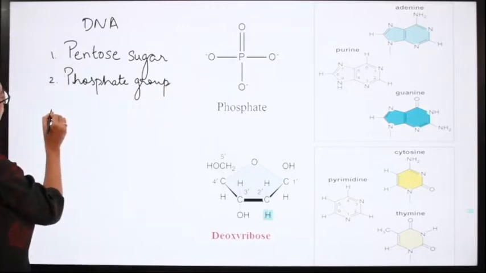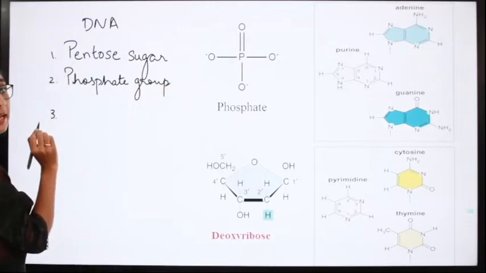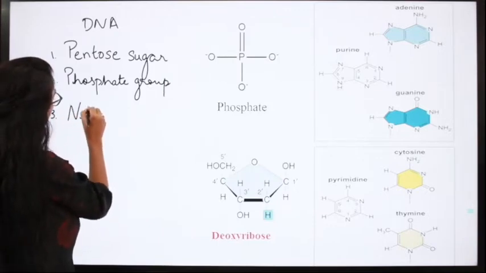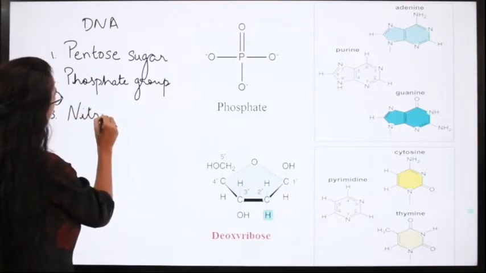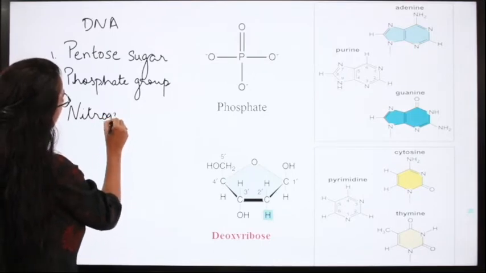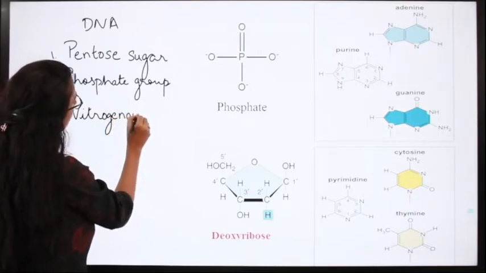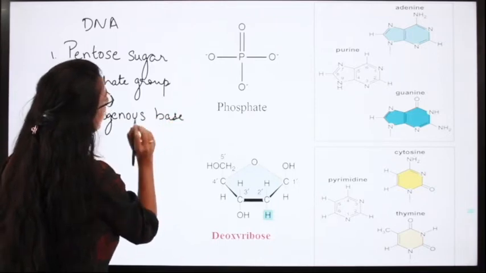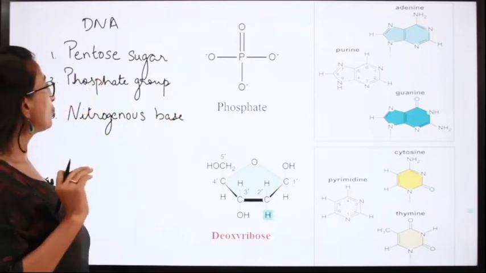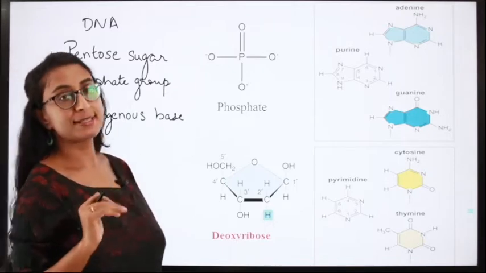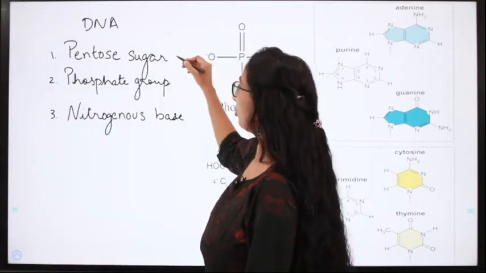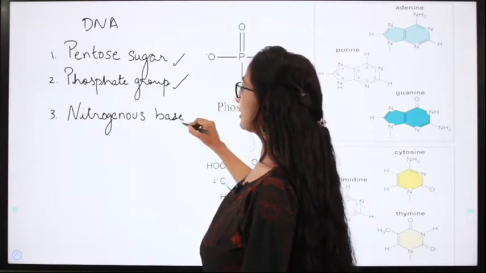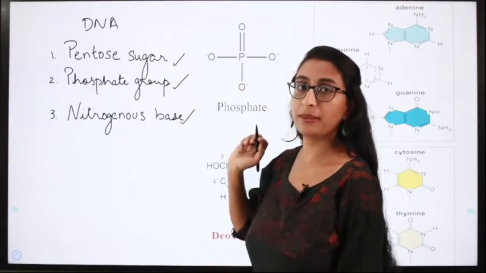And the third one is the nitrogenous base. DNA is composed of 3 components: the pentose sugar, the phosphate group, and the nitrogenous base.